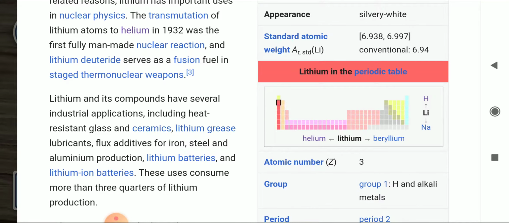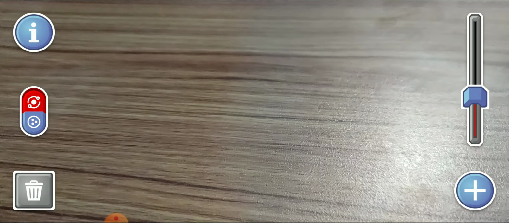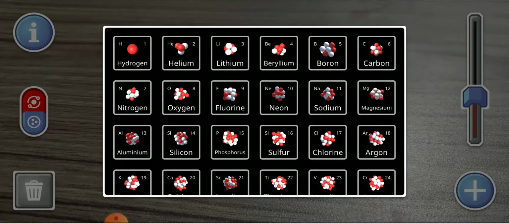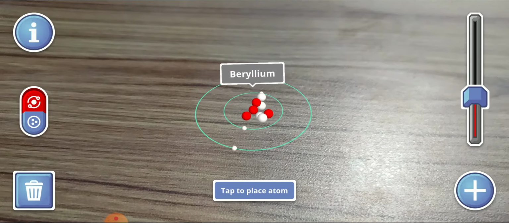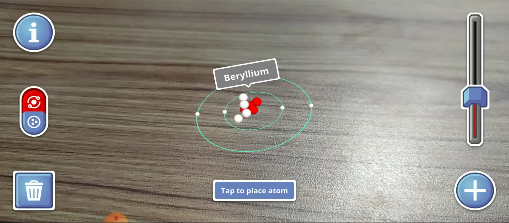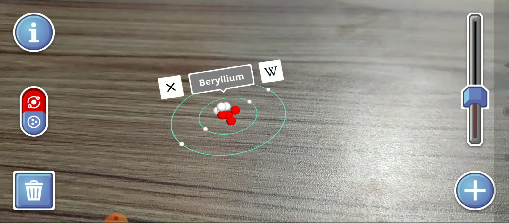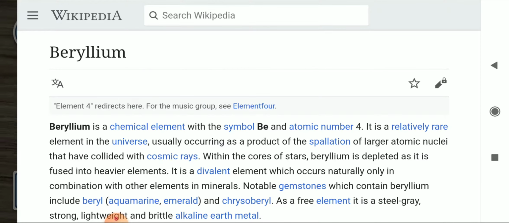Next, I'm going to flash the next thing. Here is beryllium. The atomic number of beryllium is 4, and all things you will get through Wikipedia. Again I am going to show you all details, and you will write down all the things.